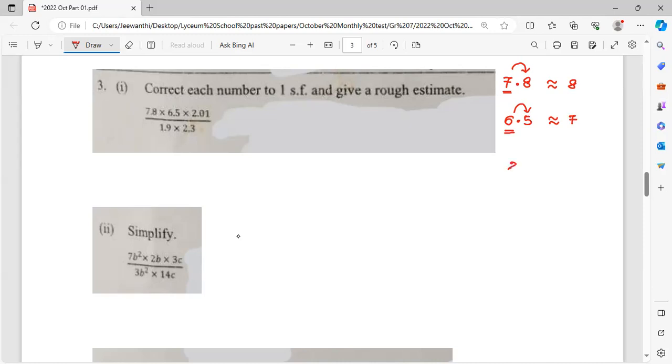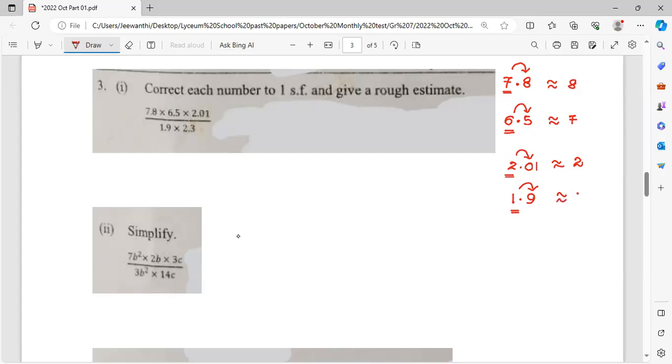So then you have 2.01. This is the underlying number. Look at the next number. It is less than 5. So then you don't change the number. It is just 2. Then the next one, 1.9. This is the first significant figure. Look at the next number.